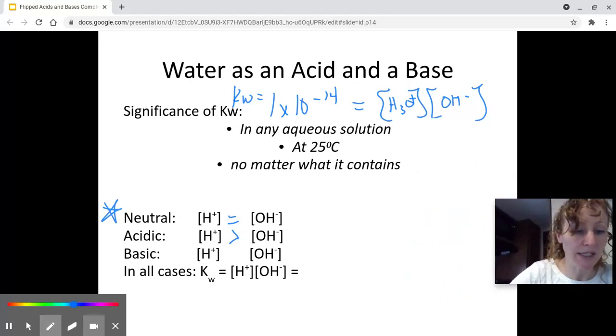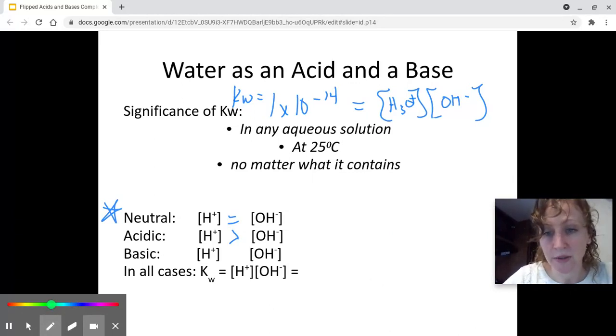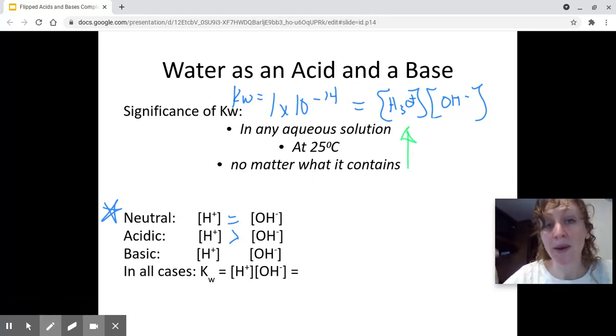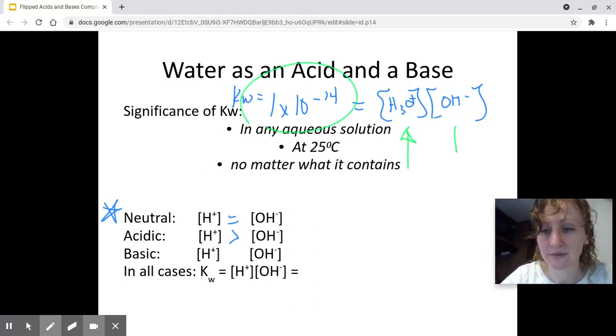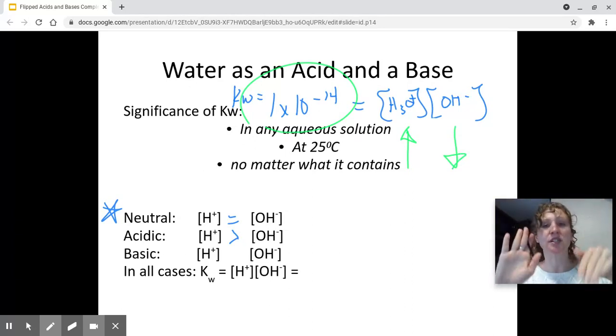So mathematically, if your hydronium ions go up and you want your constant to remain the same, what do hydroxide ions have to do? They have to go down, right? So your equilibrium positions can change, your constant will remain the same.